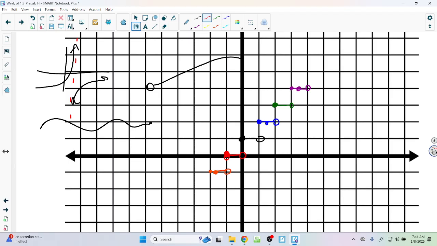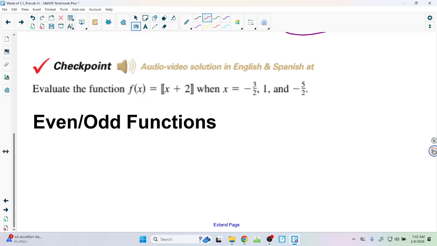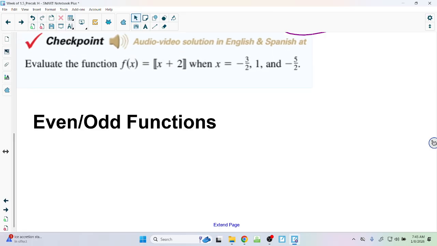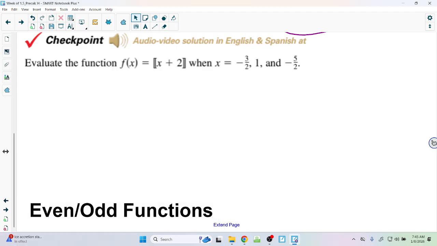That's a step function. So why don't you just try one? I think there's a checkpoint for you here. Pause the video if you're watching and give this problem a try. Shouldn't be too bad. Now you're going to work the inside first and then do your rounding.